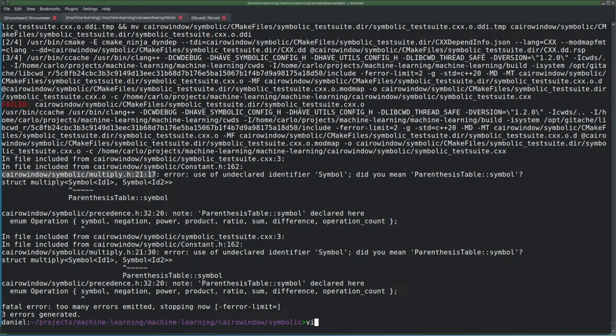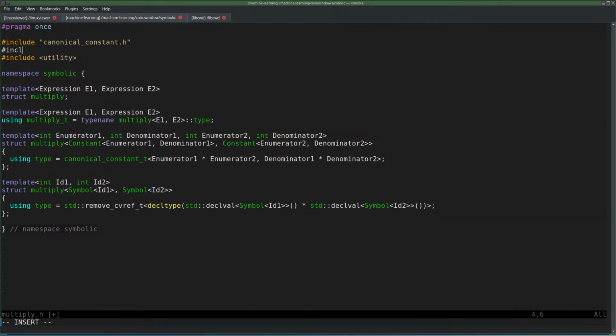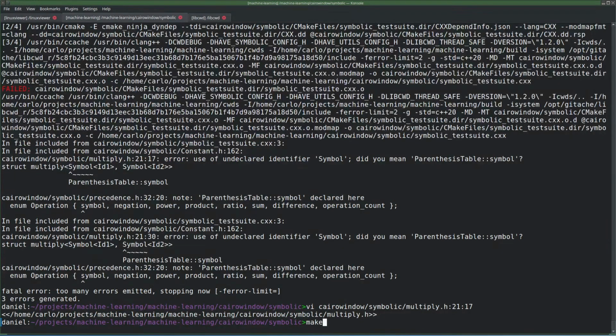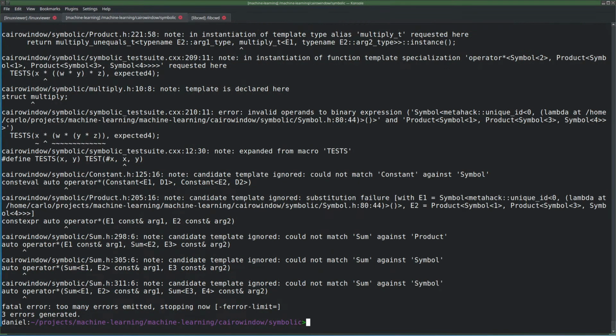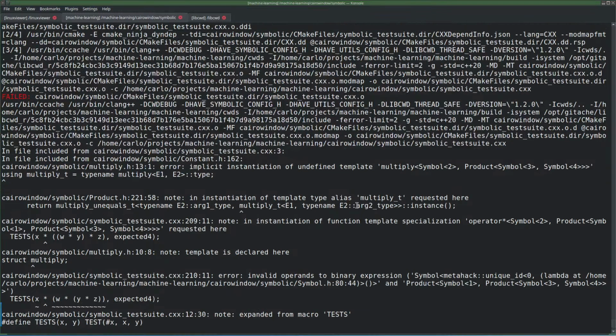It doesn't know what the symbol is at the moment when I include this, which is correct. Now I'm not sure if I can include symbol here. Maybe I just need a forward declaration of symbol. Yeah, it seems to have worked.